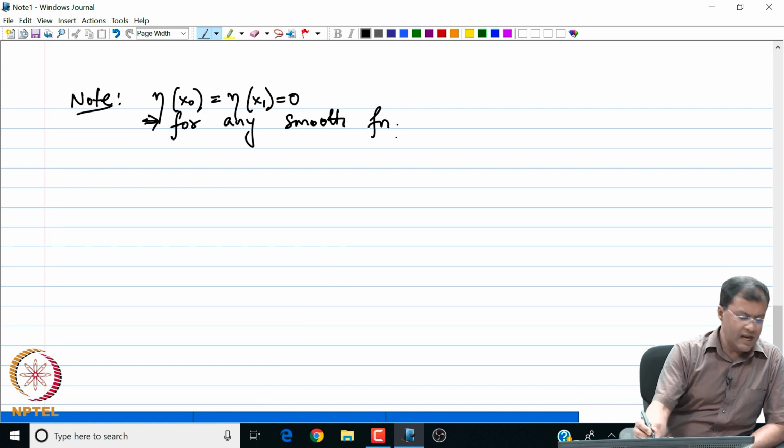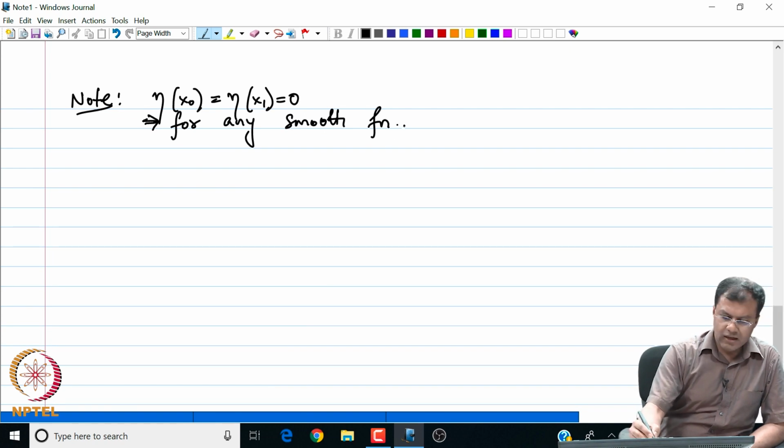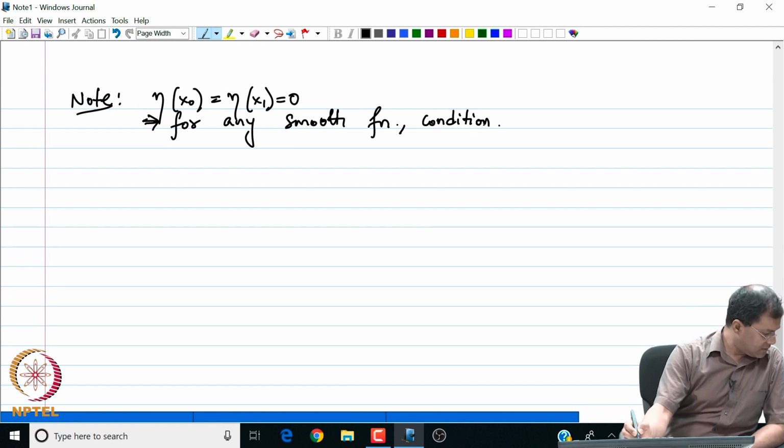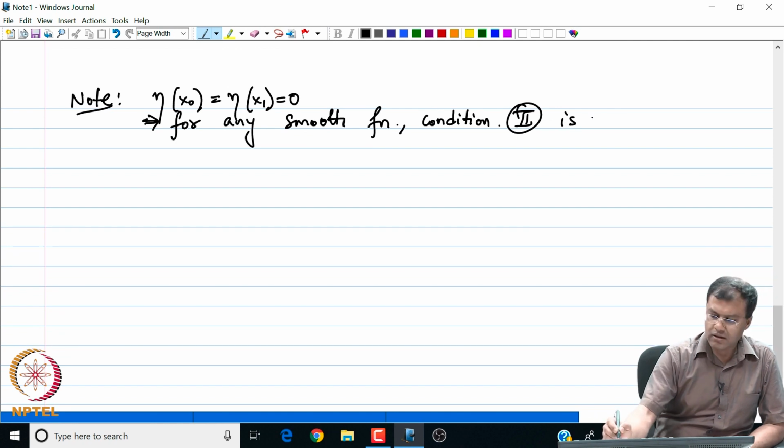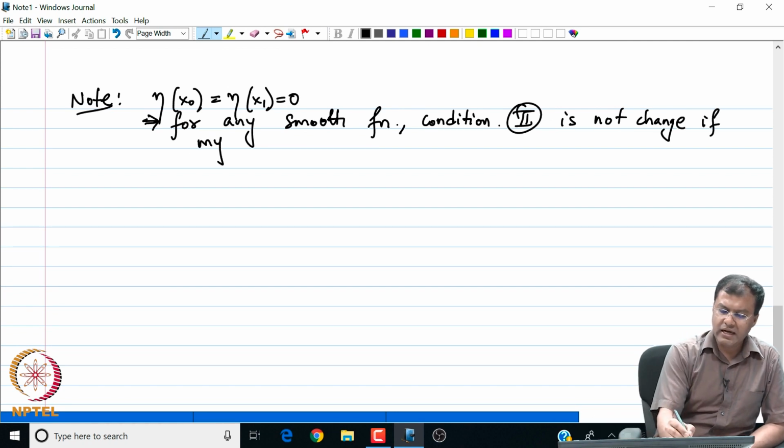For any smooth function, the condition 2 is not changed if the integrand to the functional is modified as follows.